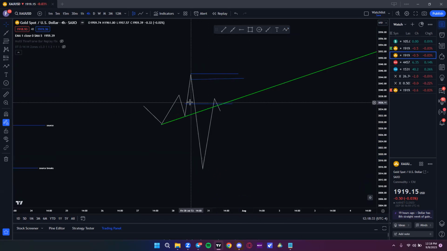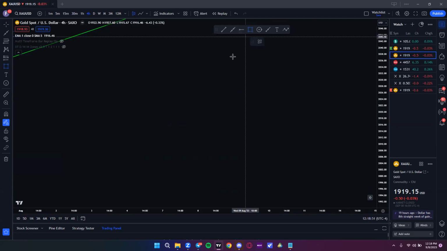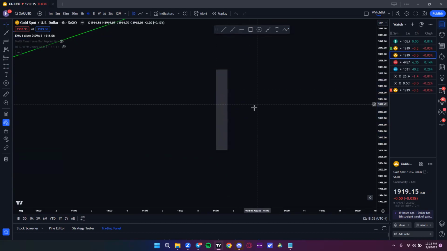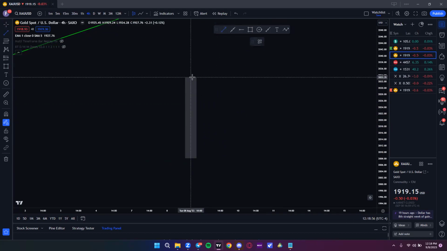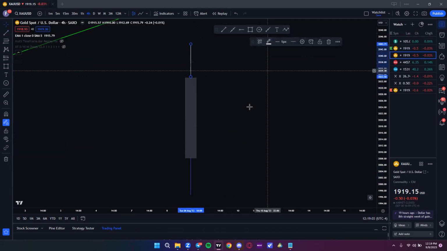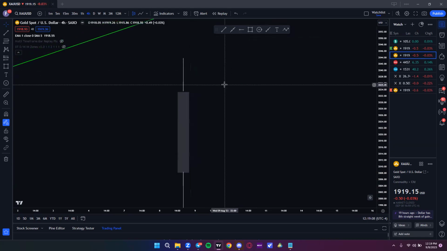Because if you have a decision level on H4, within that H4 decision level you're going to have an M30 decision level. Same thing, right? So let's draw it out. Let's say this is a daily candle.